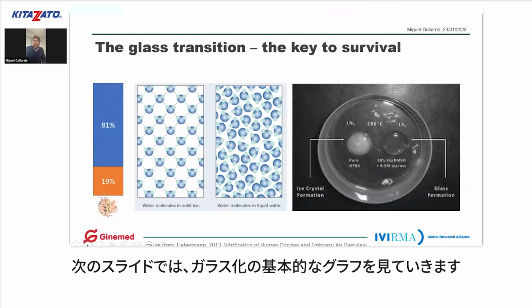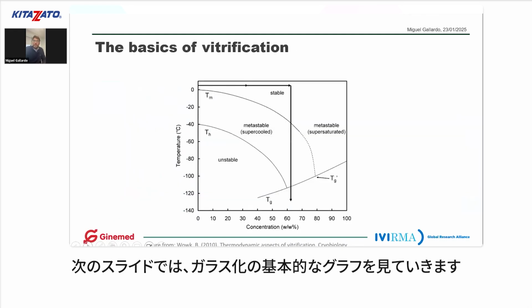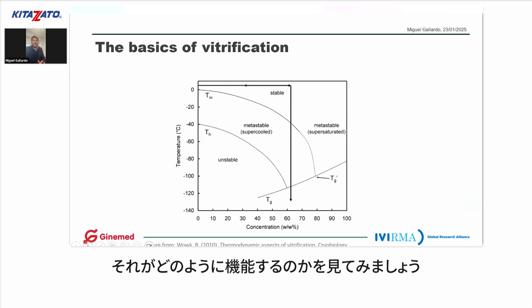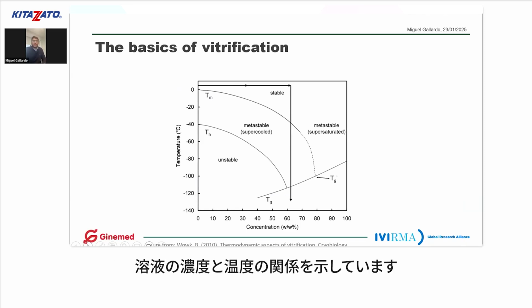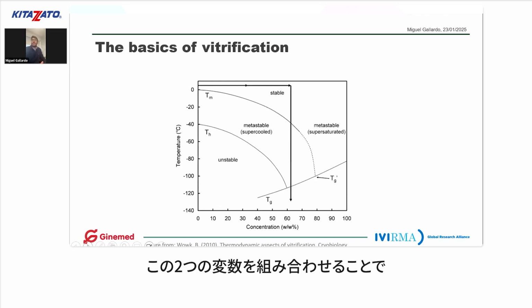In the next slide, we can move there and see the classic graph of vitrification, how it's going to work. So we have the concentration of the solution or the system, in this case, the system is our oocyte, and the temperature.